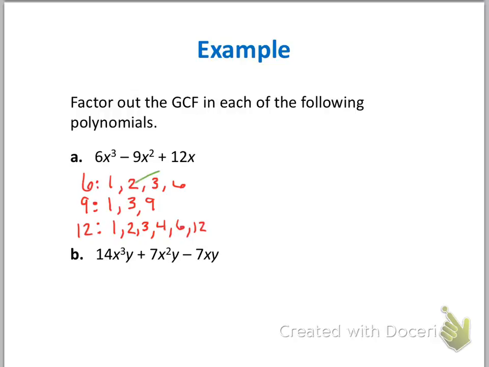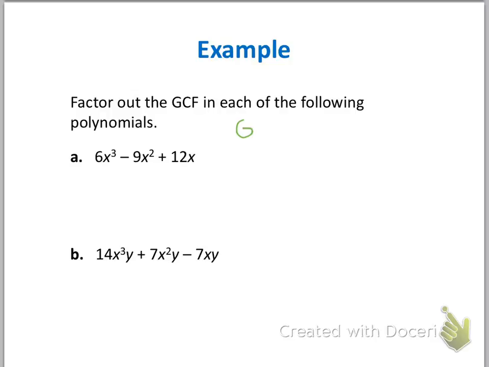So our GCF of the numbers is 3. Okay, so I'm going to erase all that, get it out of my way. GCF is 3. Now looking at the variables, the smallest exponent, x. So my GCF is 3x.